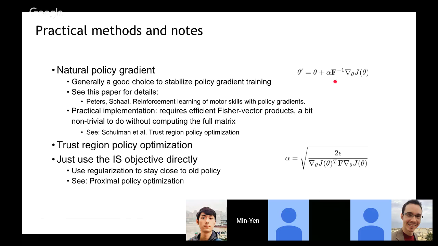It says it's generally a good choice to get a stable policy, and cites some papers which derived it. And then he says if we choose this alpha, it is trust region policy optimization, which I don't know, probably covered in the next lecture.